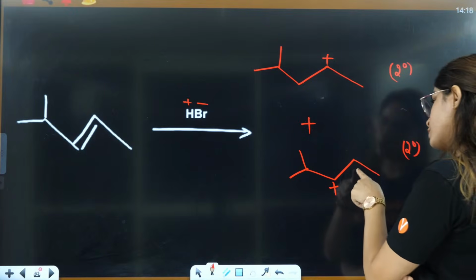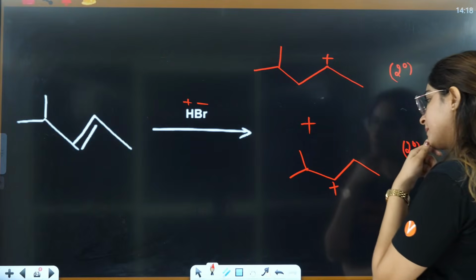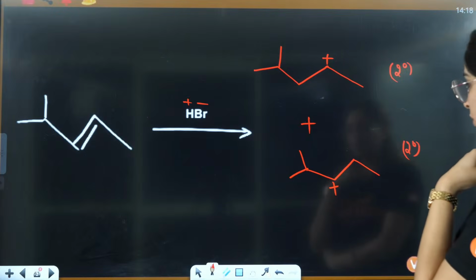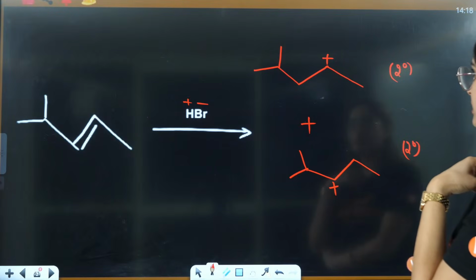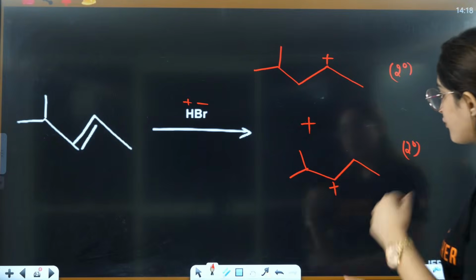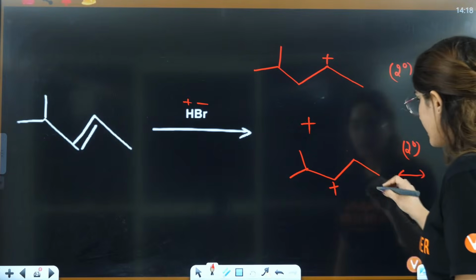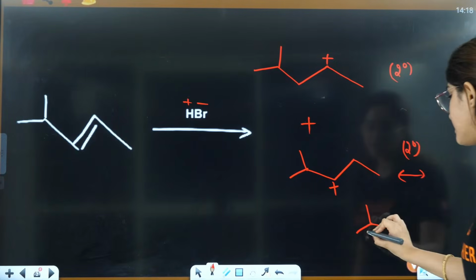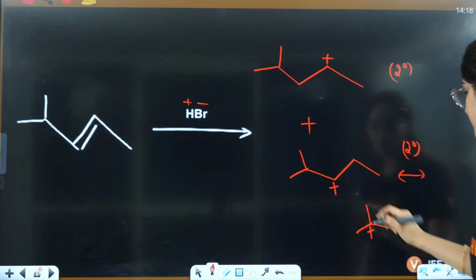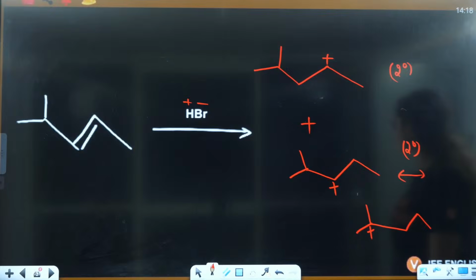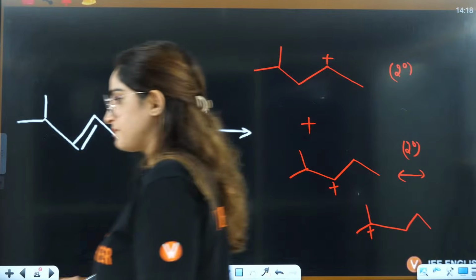This is alpha 2 hydrogens, and here you have only 1 hydrogen. But you know what is happening here? If you again rearrange this, rearrangement can also take place. If hydrogen shifts here, you will have this kind of rearranged product, isn't it?